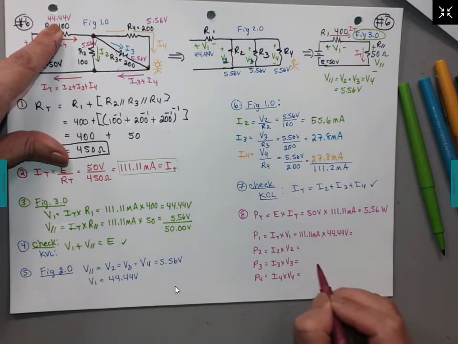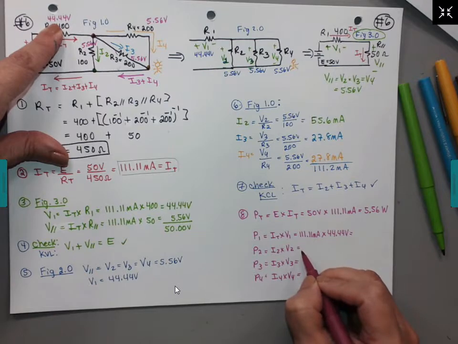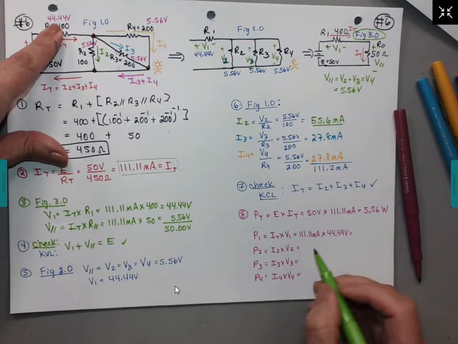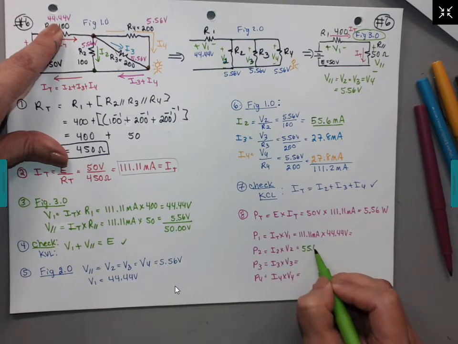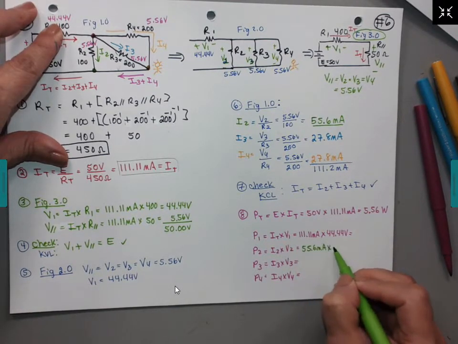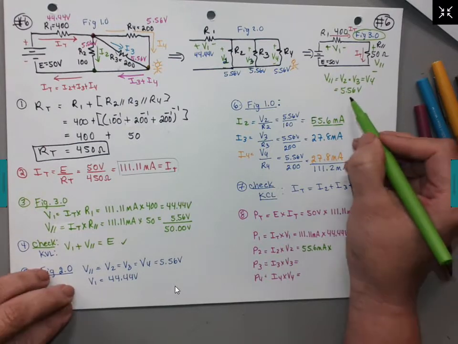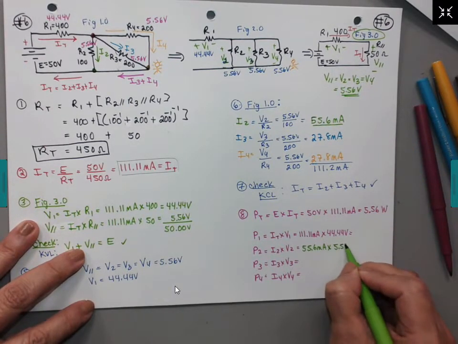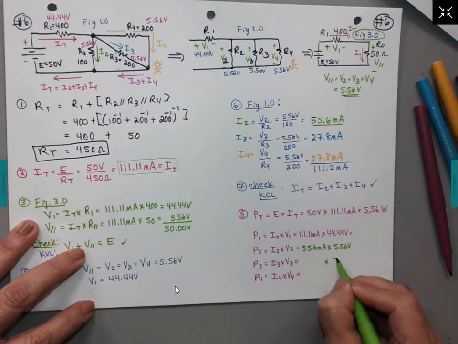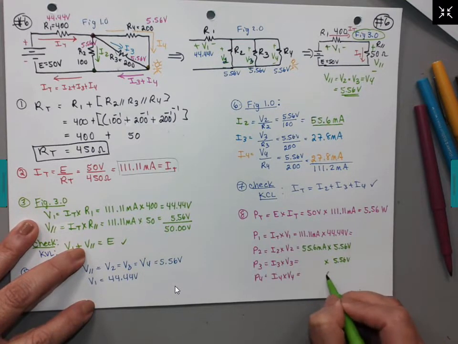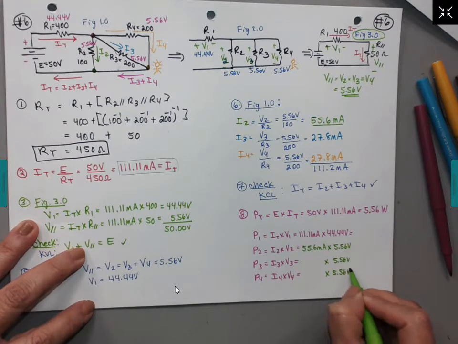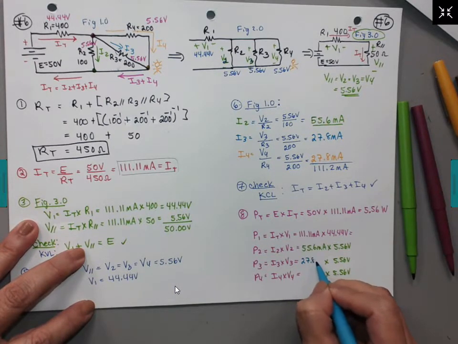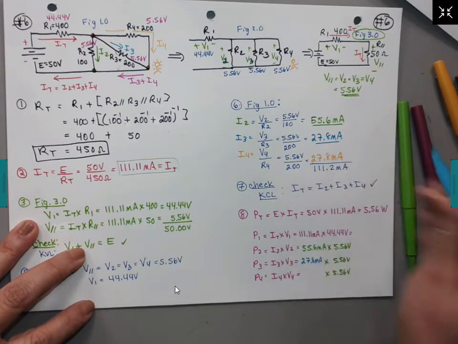Okay, we'll do the math in a little bit. I just want you to make sure you get the correct currents. I2 is 55.56 times the voltage. Where's the voltage? Right here. 5.56 is for all of the other ones, because they're in parallel. And then P3 was 27.8 from right here.